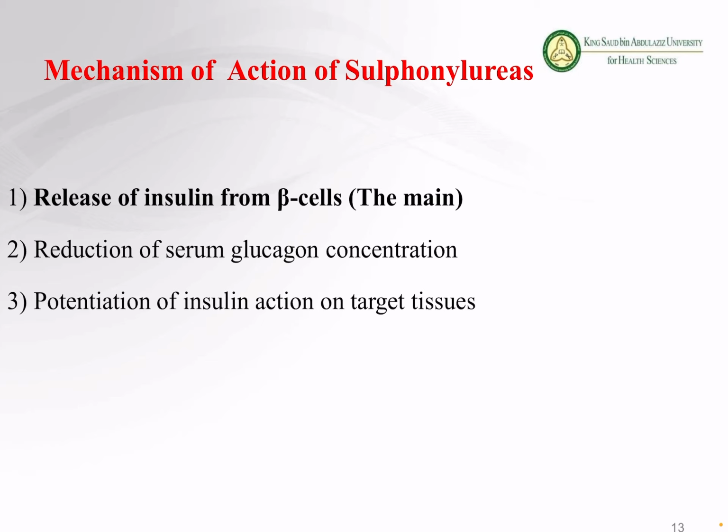Then we have other mechanisms: reduction of serum glucagon concentration, so the blood sugar level is controlled, and third, potentiation of insulin on the target tissue, so it is properly utilized. So these are the three main mechanisms of sulfonylurea: release of insulin, reduction of serum glucagon, and potentiation of insulin action on the target tissues.